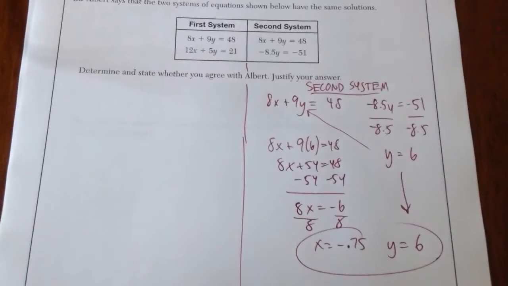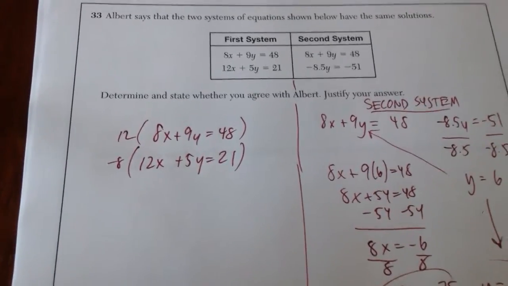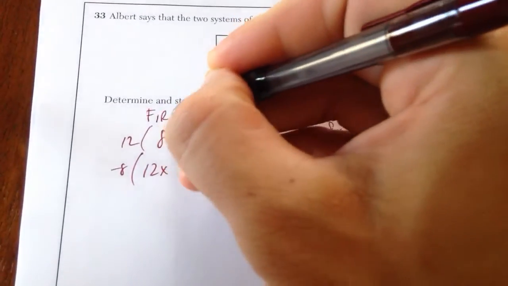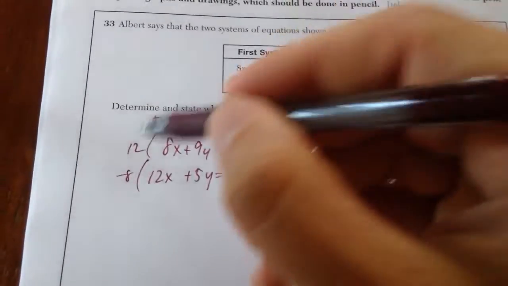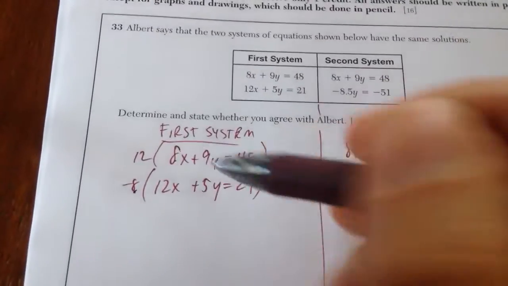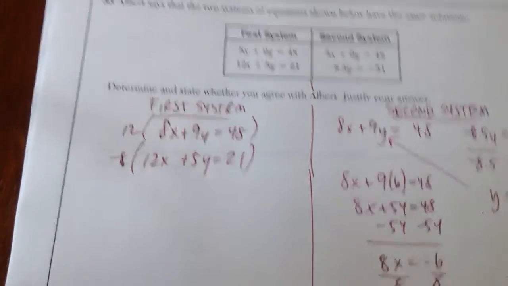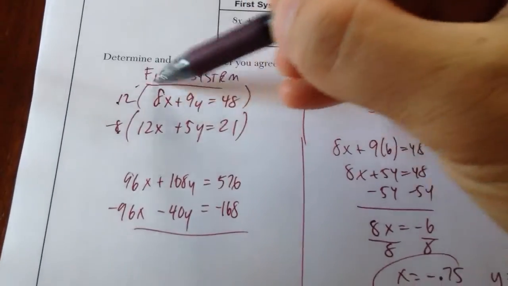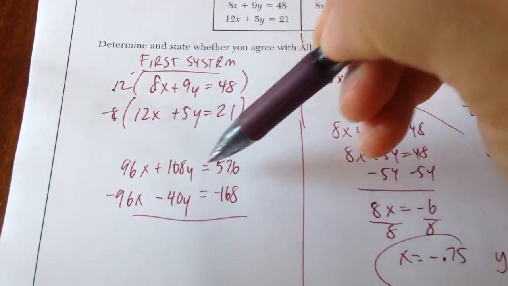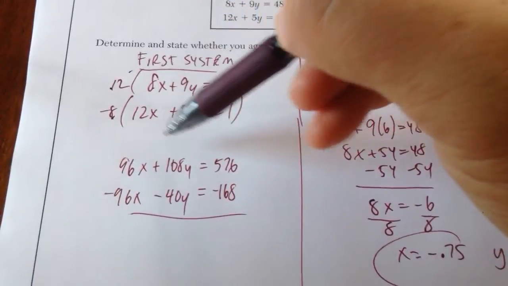Now we want to see if it's the same for the first. To solve the first system, what I'm going to do is multiply the top by 12 and the bottom by negative 8 in order to get the x values to cancel out. So when I multiply everything by 12, I get 96x plus 108y equals 576. When I multiply the bottom by negative 8, I get the following. So when I add from top to bottom, those cancel.